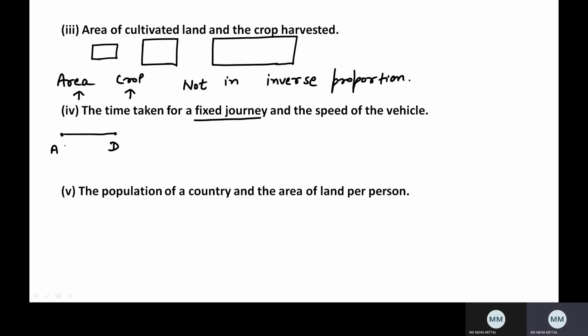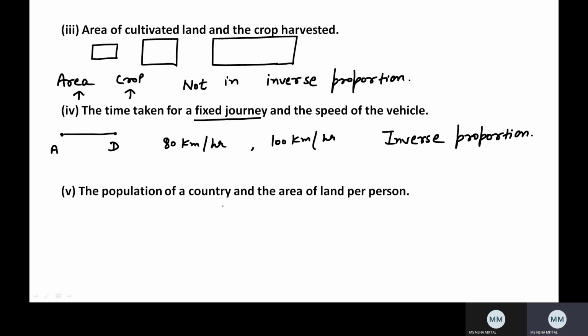If one person is driving at a speed of 80 km per hour, he will take a certain time, but the other person is driving at a speed of 100 km per hour. He will reach sooner than the first person. So this is a case of inverse proportion, because if you increase the speed, the time taken will decrease.